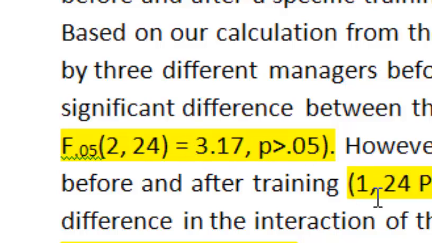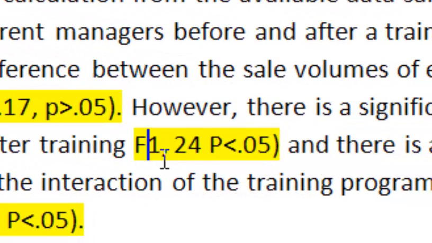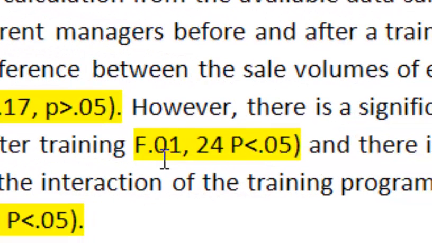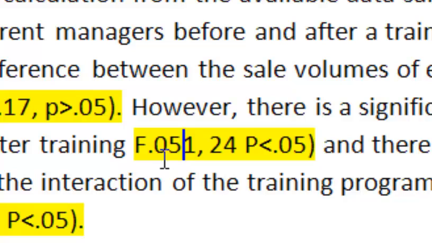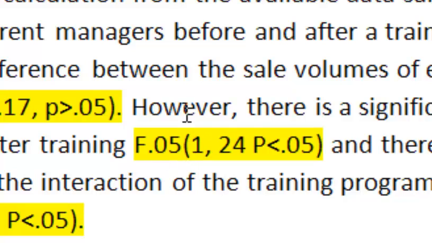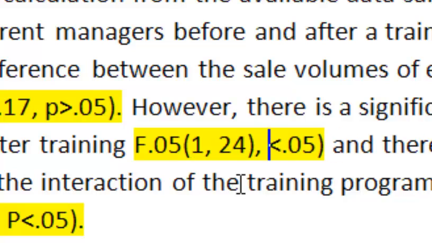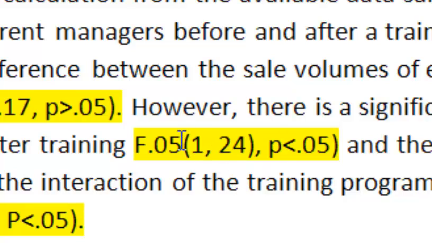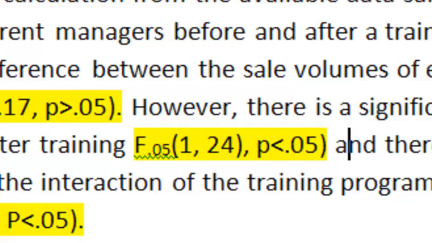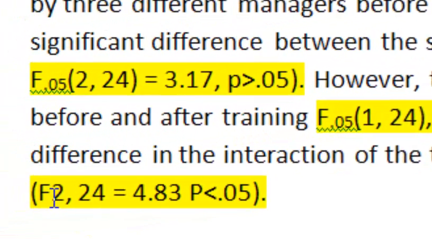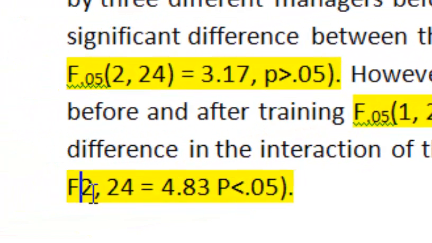So this one's the same one. Let's clean it up a little bit. It should be F 0.05, parentheses 1 comma 24 close parentheses, comma, little p, and I'm going to shrink these. Okay, so it should look like that. And then this one again, right?